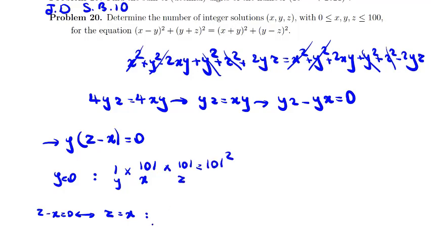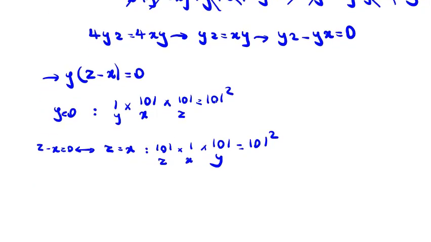101 squared. Here you can say, okay, z has 101 cases, x has one case because it equals z, and y has 101 cases. So here it's 101 squared. Now we should add this and subtract the cases where y equals 0 and z equals x.